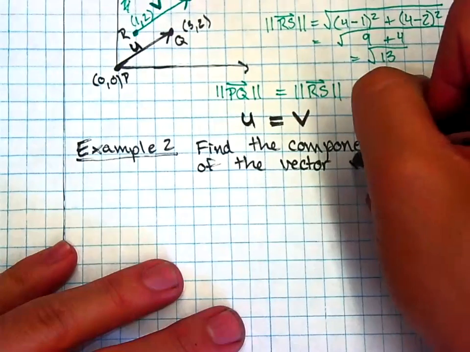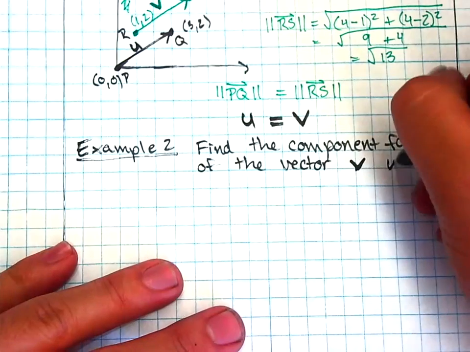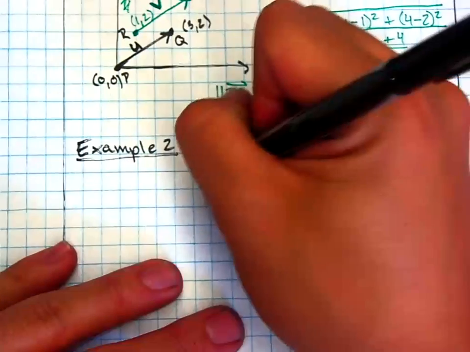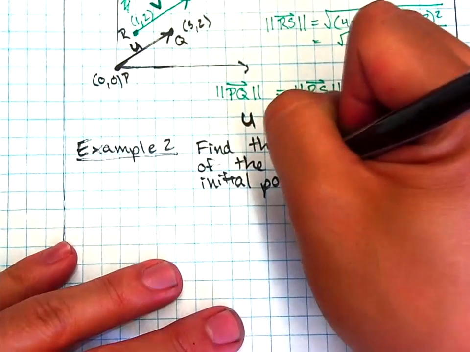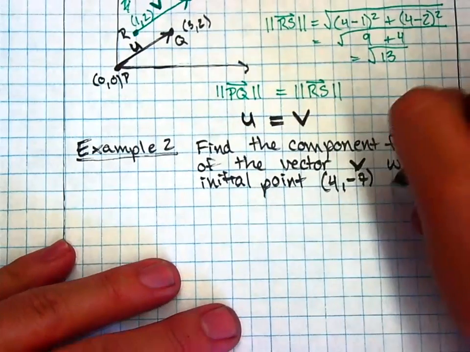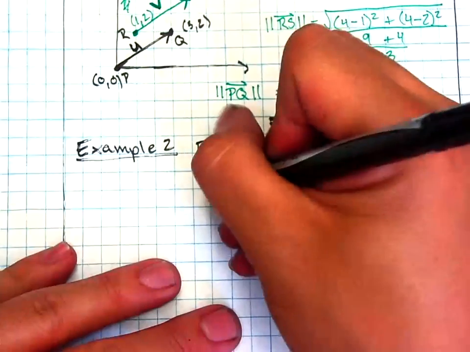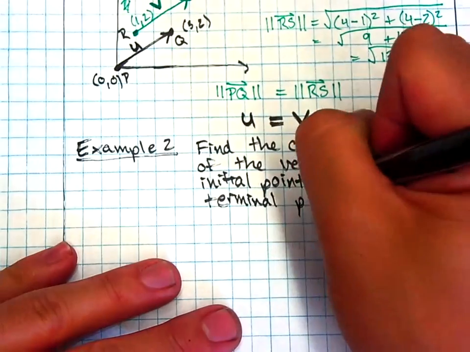I have to make sure I bold this for correct notation. And the vector v has initial point (4, -7) and terminal point (-1, 5).